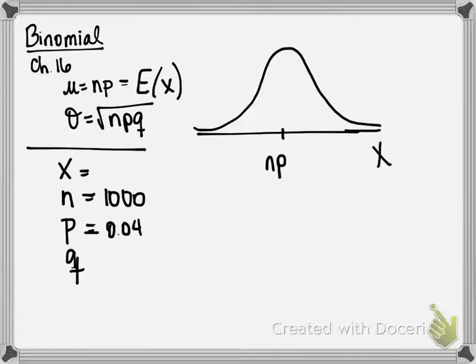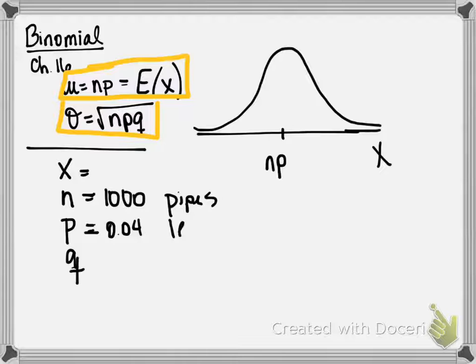All right, in chapter 16 we saw binomial distribution, where the expected value is the mean, n times p. The standard deviation is the square root of npq. So a small example here, let's say we inspect 1,000 pipes and that the probability of a leak is 0.04.